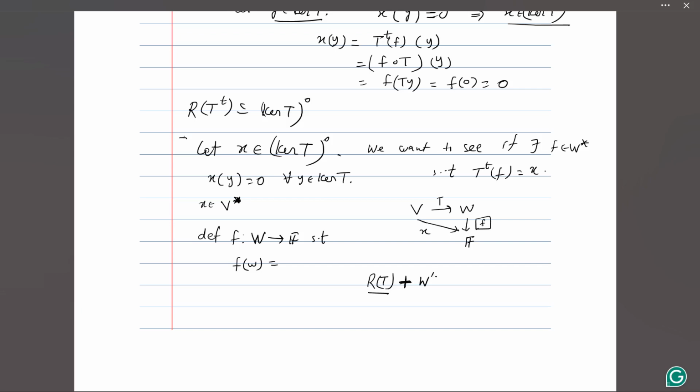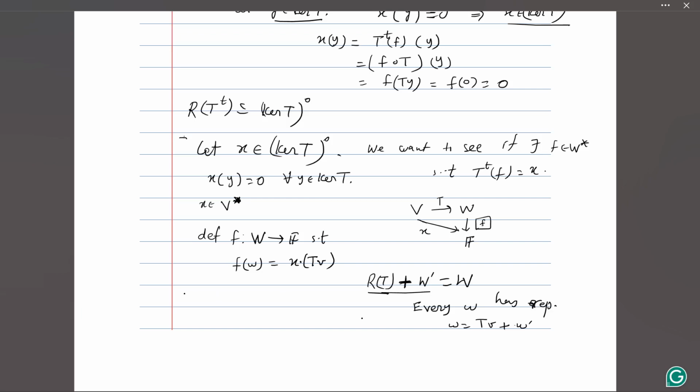You can get some subspace W prime, and all together they will span the whole W. So every vector in W can be factorized in a unique manner, meaning every w has a representation w equal to T of v plus something which is not in the range, in W prime. Then define F of w equal to X of v.